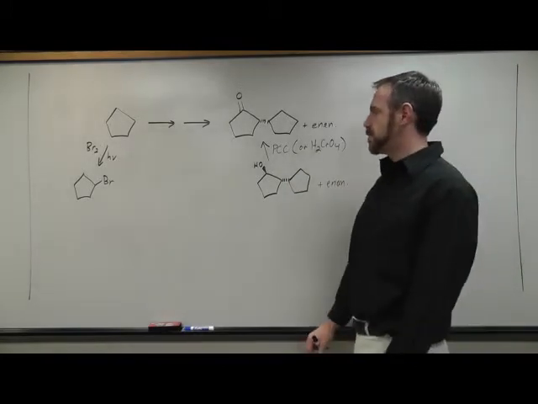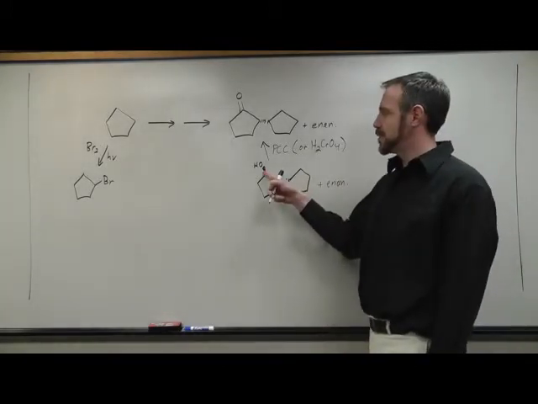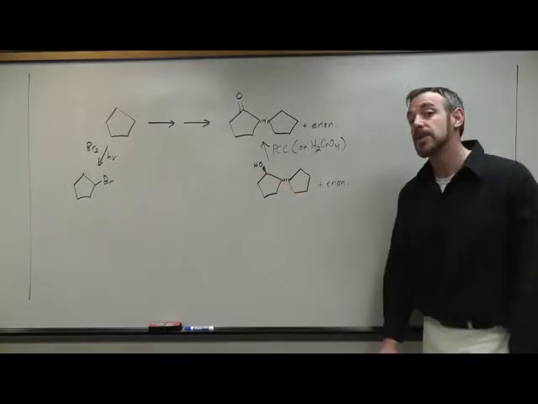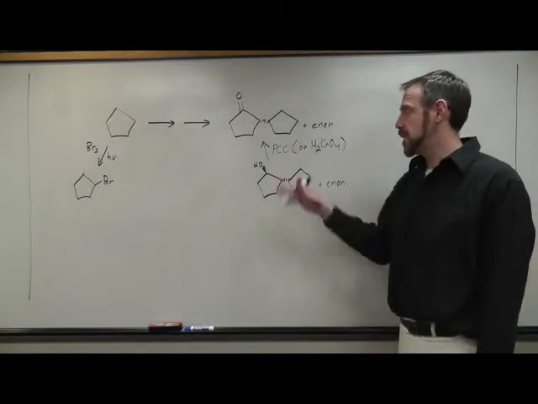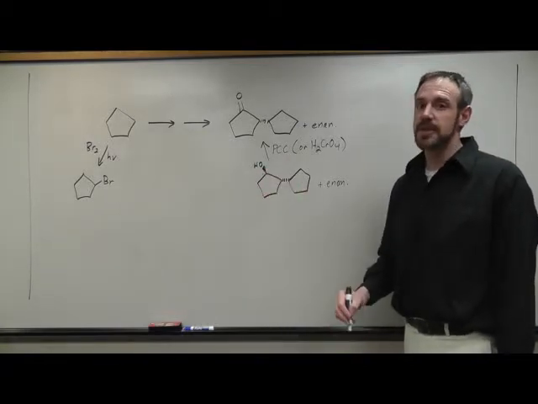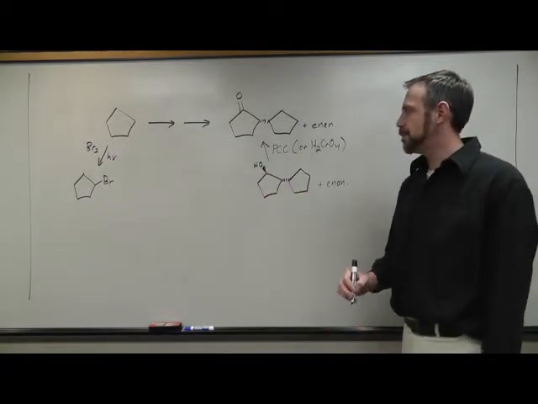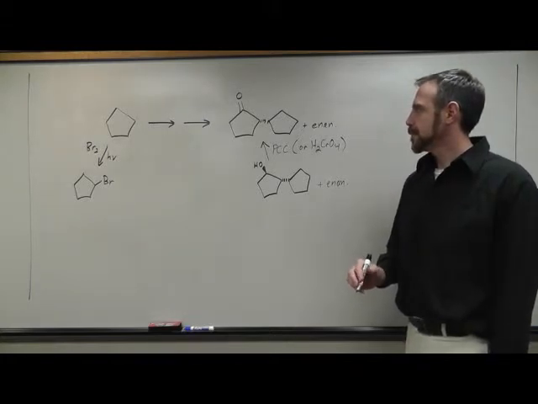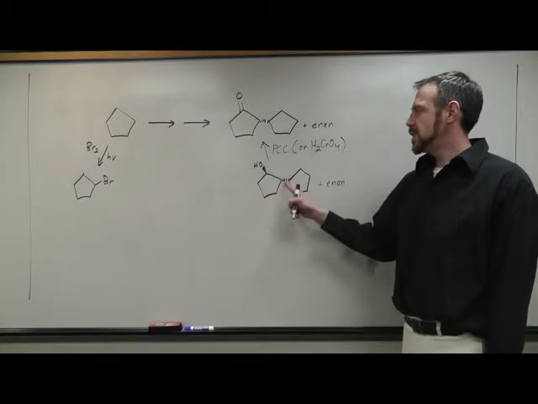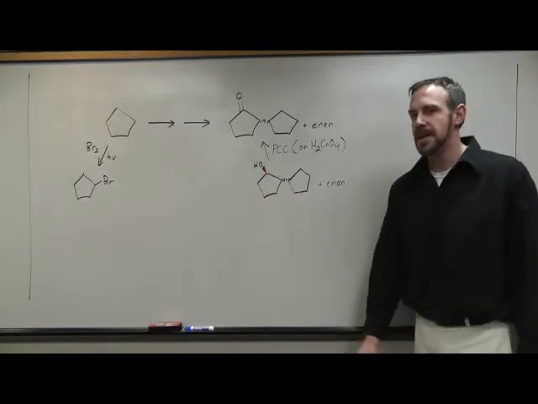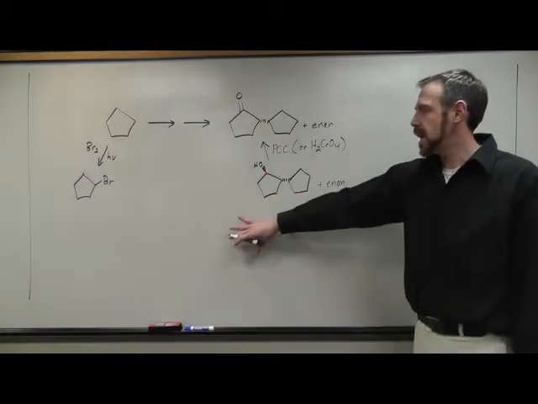Now notice, I specifically chose to draw a wedge here, and that will help you with the problem in terms of the route. But theoretically, working backwards, this could have also been a dash. That would make it a tougher problem. So notice this trans relationship here. That might clue you in as to what perhaps came before.